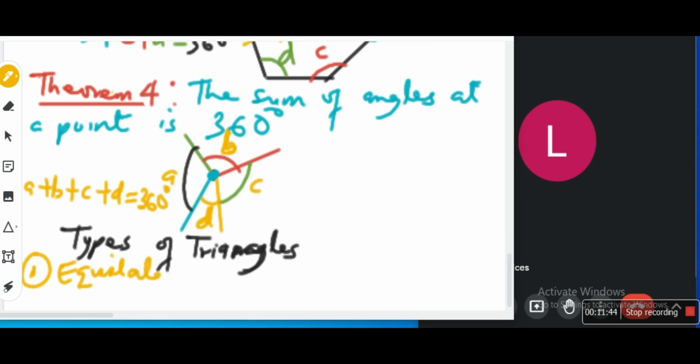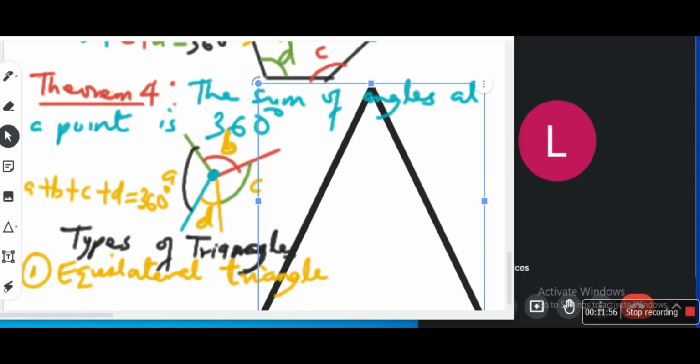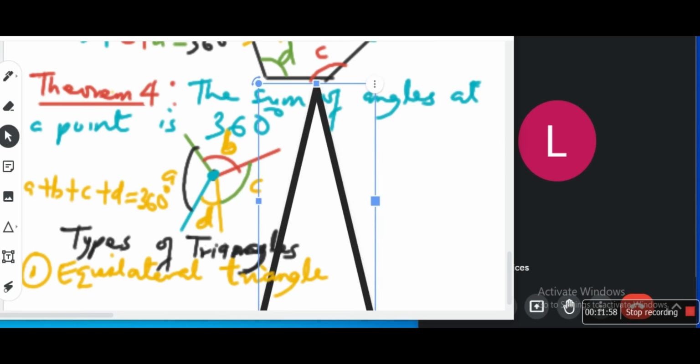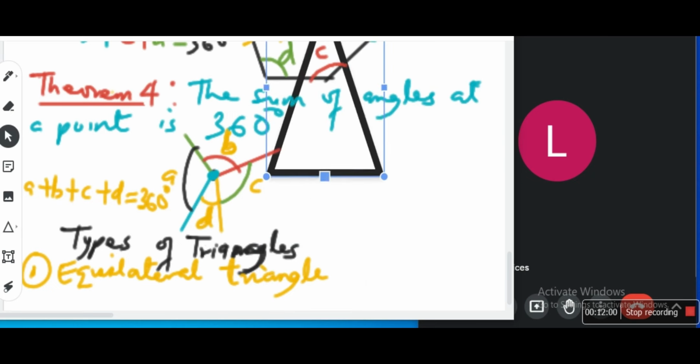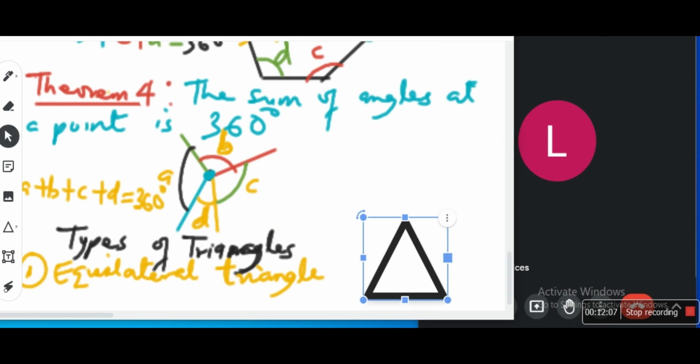Equilateral, talking about equal lines. All the sides are equal for an equilateral triangle. Something like this, with all the sides equal.